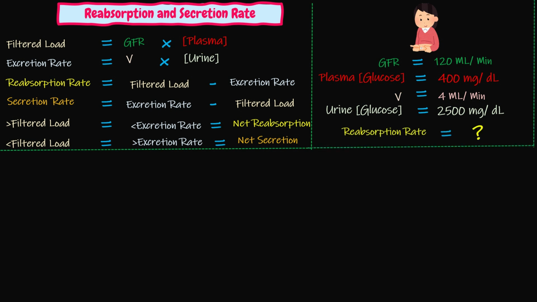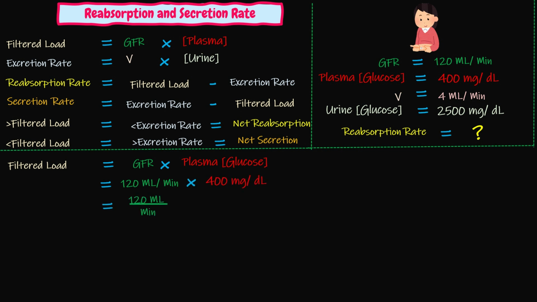As we have discussed, filtered load equals glomerular filtration rate into plasma glucose concentration. So putting the values: 120 milliliter per minute into 400 milligram per deciliter.